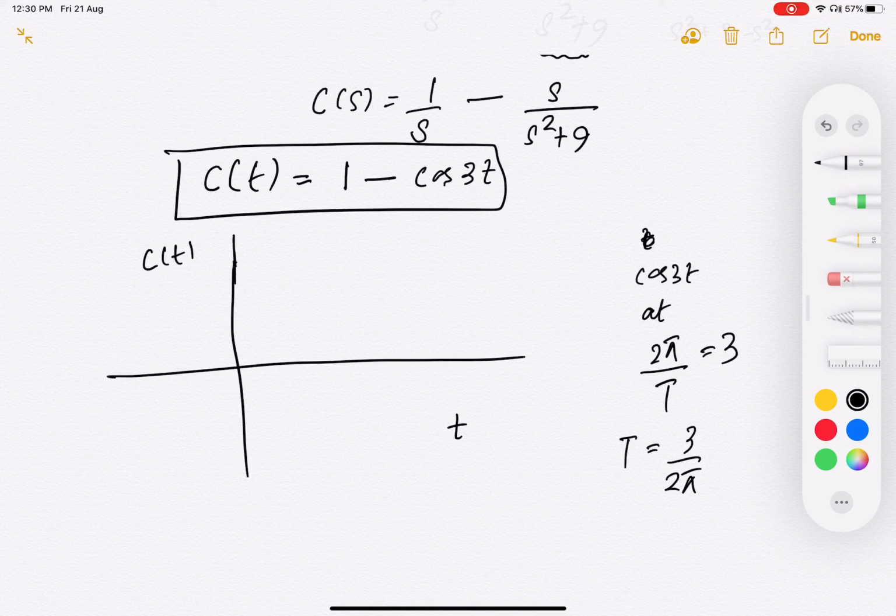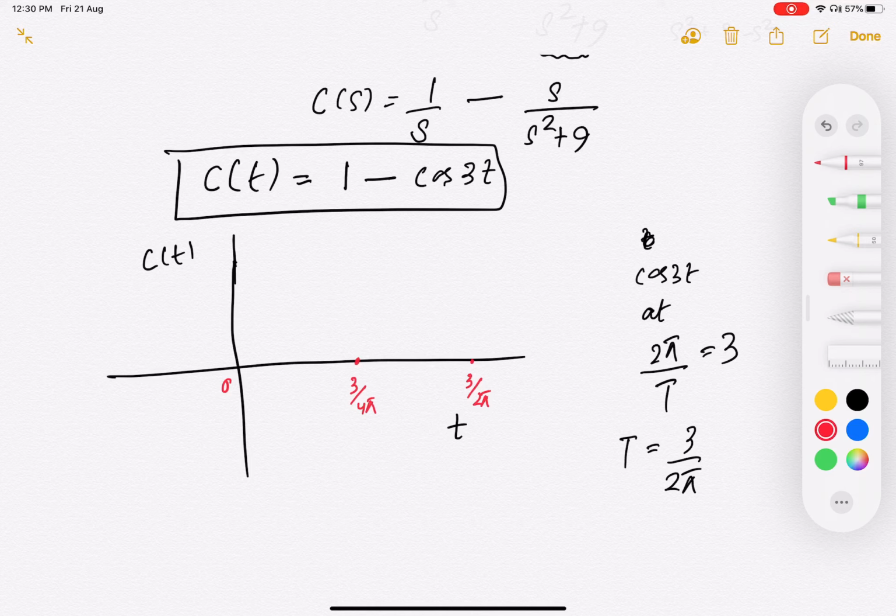So within 2 pi by 3 seconds, the cycle finishes, right? So you start from say 0, and then within 2 pi by 3 seconds the cycle would be over, and at half of it, which is pi by 3, you will get the midpoint for the cycle.